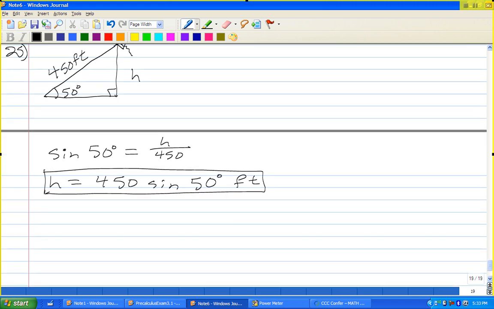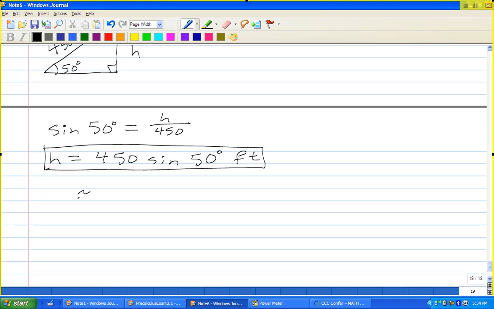And so if you plug that into your calculator, it is approximately 344.7199994 feet.